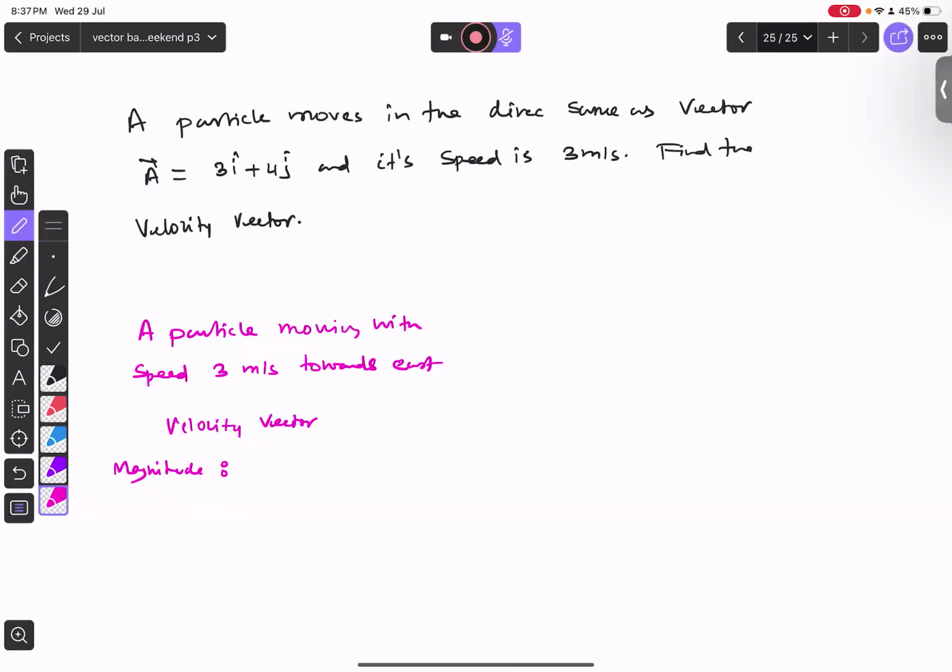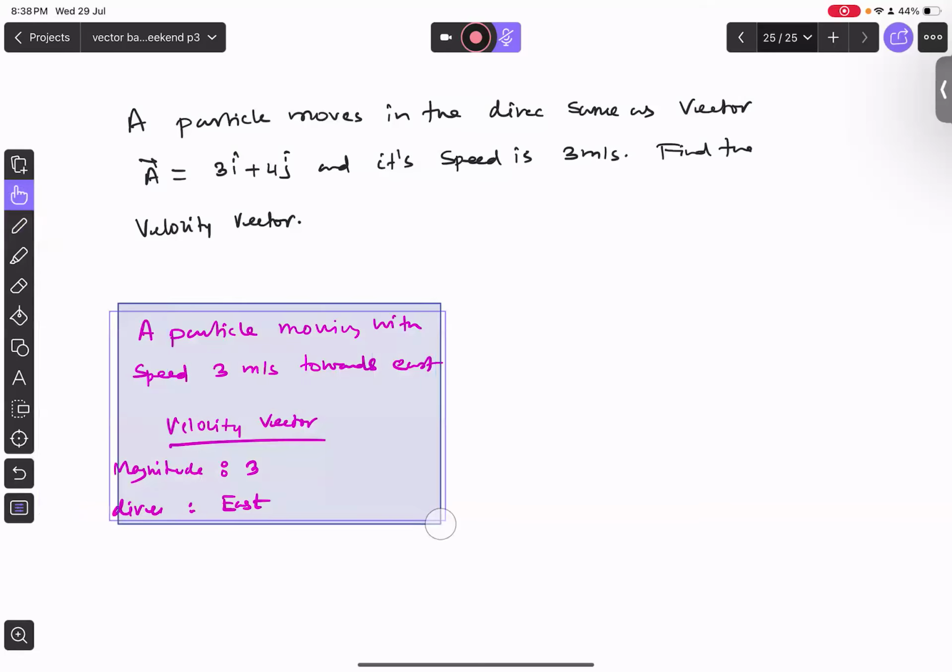A projectile's velocity vector at least should not be a foreign thing to you. Magnitude 3, and what is the direction it is going to have? Eastward. So that will be the velocity vector.